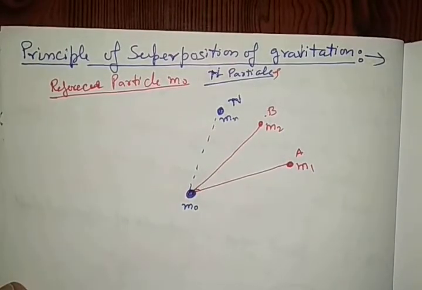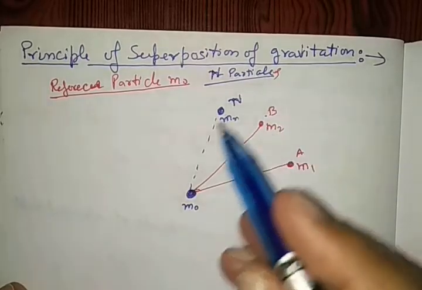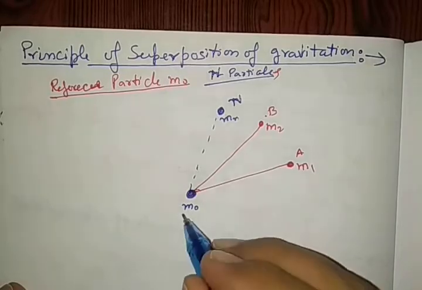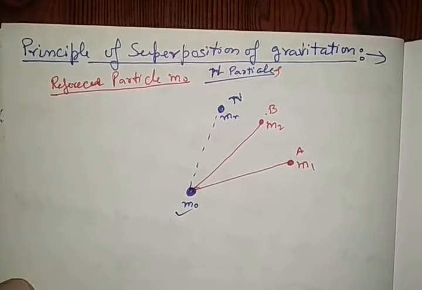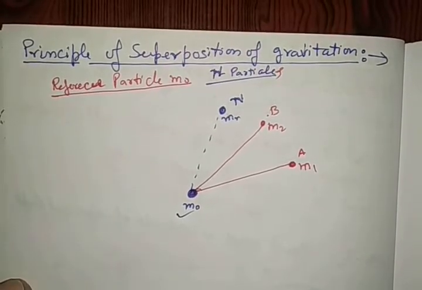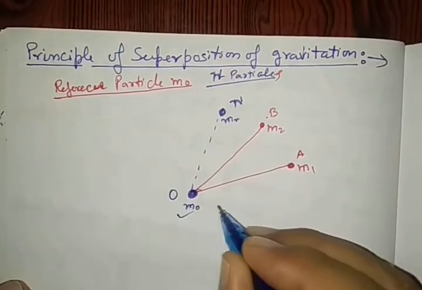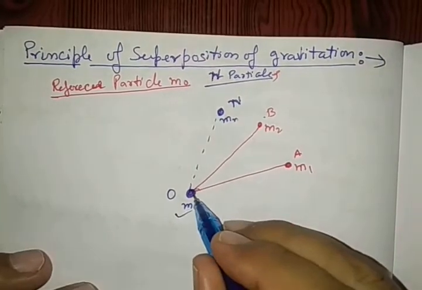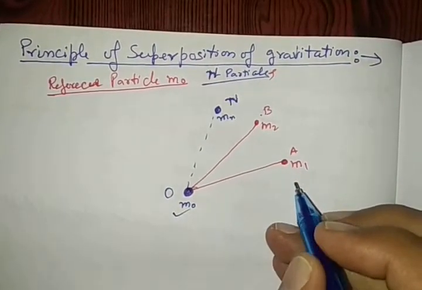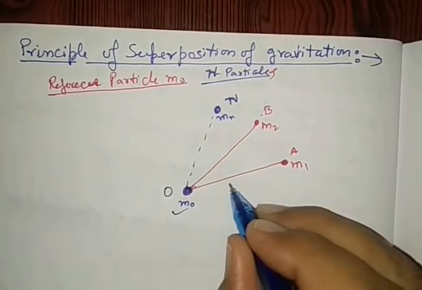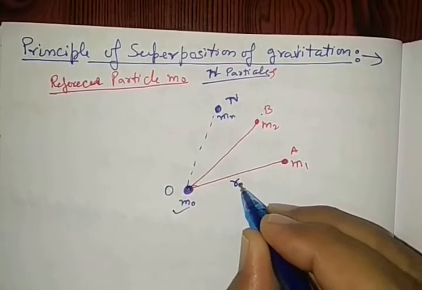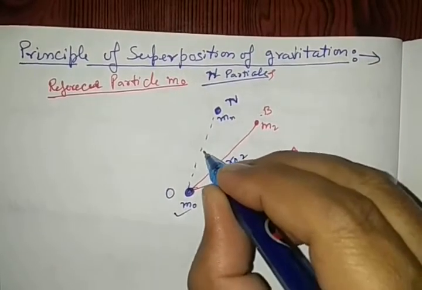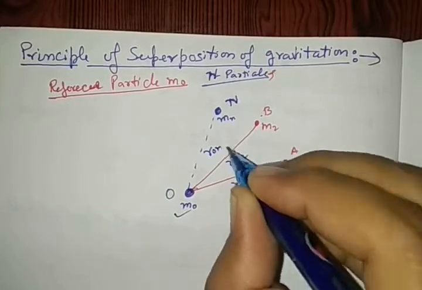Right? So due to these n particles, what will be the net force experienced by this reference particle lying at point O having mass m0? If it is particle m1, the distance between both we are going to represent by r01, r02, similarly for the nth particle r0n.